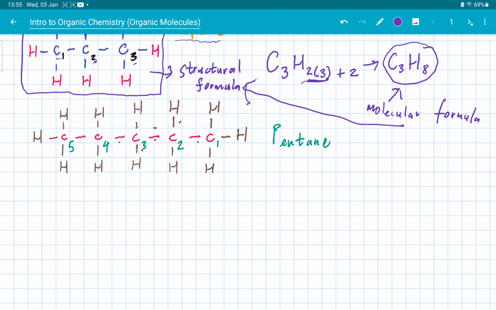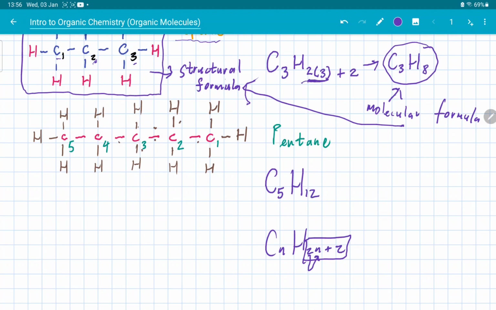And then for this one, again, we will just say C. Remember n: in place of n, we put 5. Then H: remember H is 2n plus 2. So 2 times 5 is 10, and 10 plus 2 is 12.